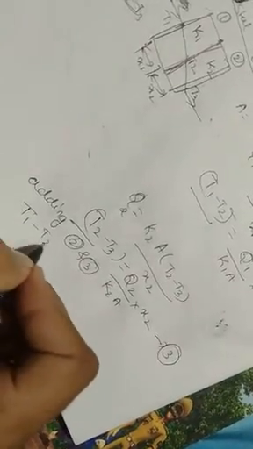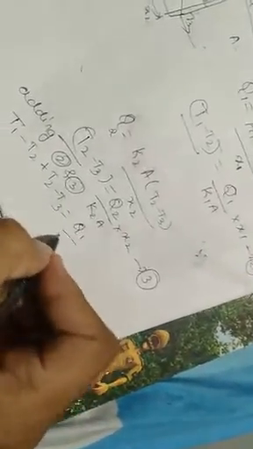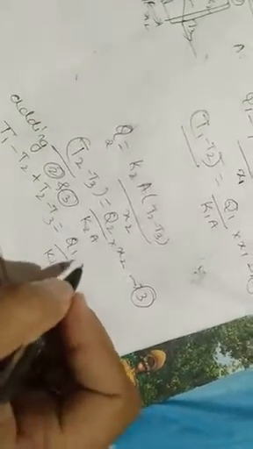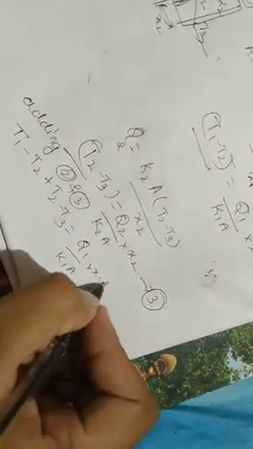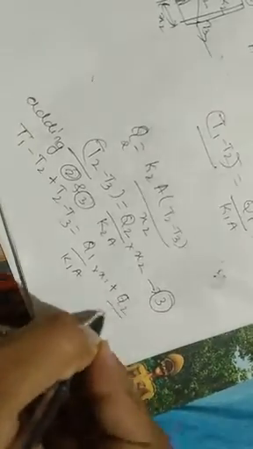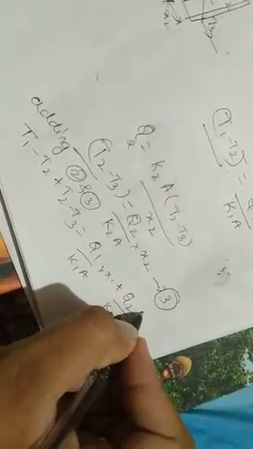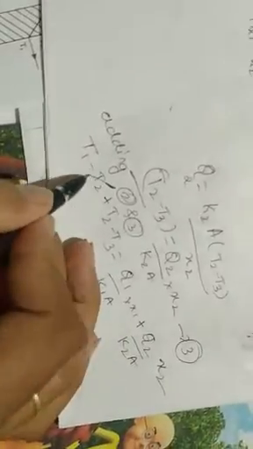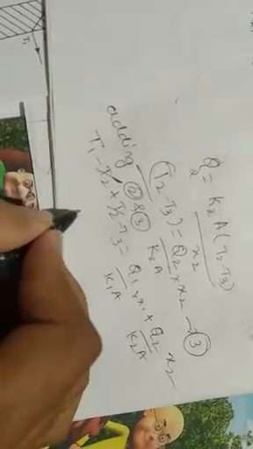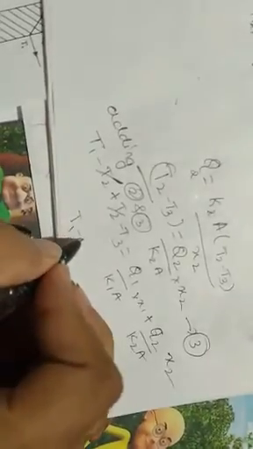T1 minus T2 plus T2 minus T3 is equal to Q1 divided by K1 into A into X1, plus Q2 divided by K2 into A into X2. So just see here, minus T2 plus T2 will get cancelled. So which one is remaining? T1 minus T3 is equal to... which one is common here?